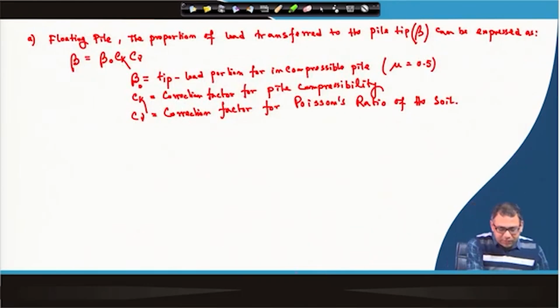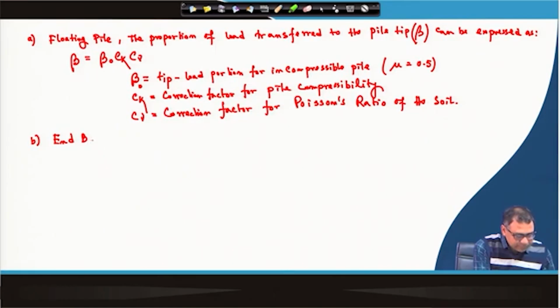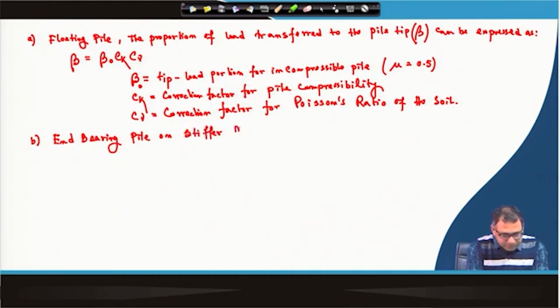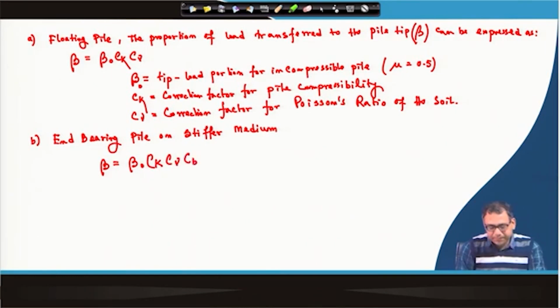So, this is for the floating pile. Similarly, for the end bearing pile on stiffer material or stiffer medium, beta is equal to beta 0 C k C nu C b.